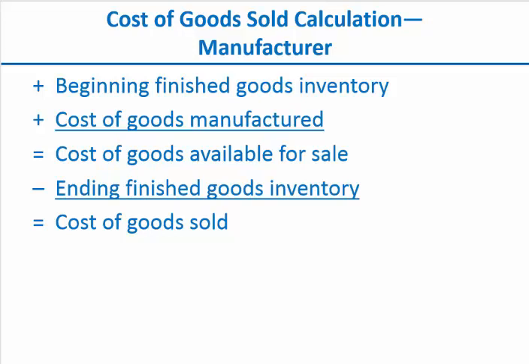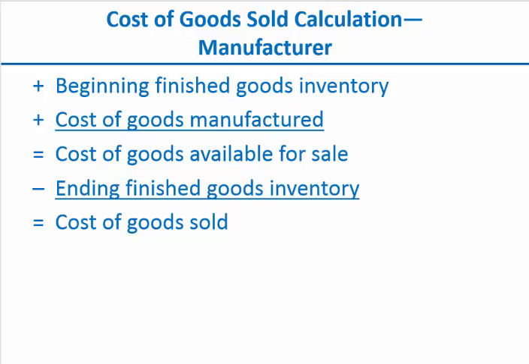Then by the end of the sales period, you take a look at how many finished goods are left in my warehouse. That's called ending finished goods inventory. The difference will tell you how many products are sold. The cost carried by the sold products is the cost of goods sold, called CGS.